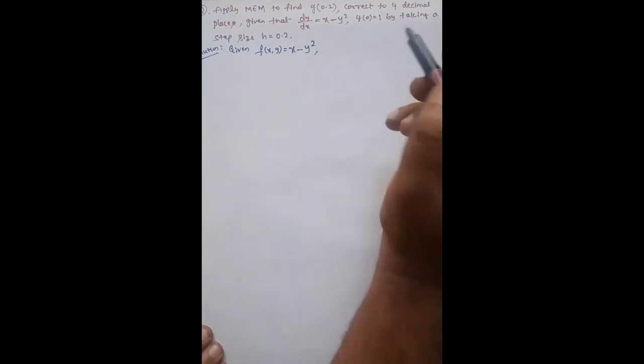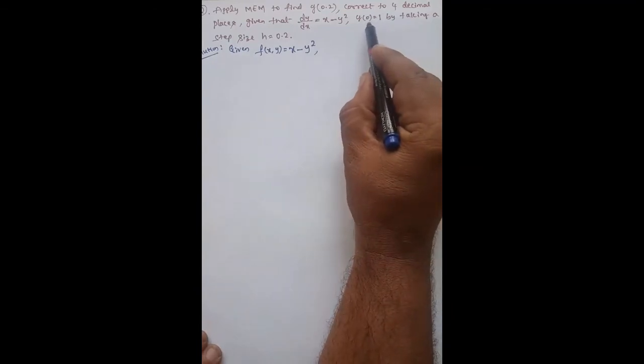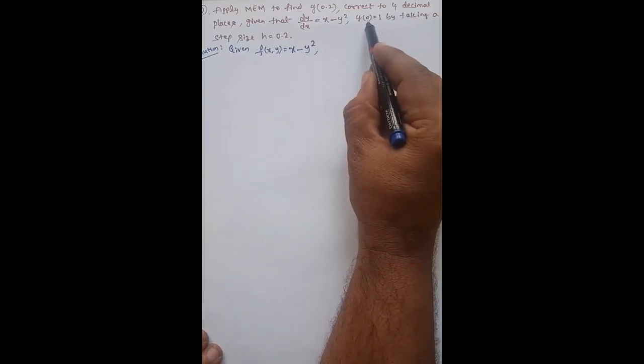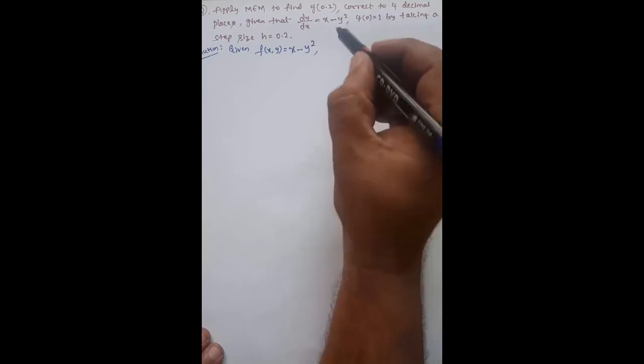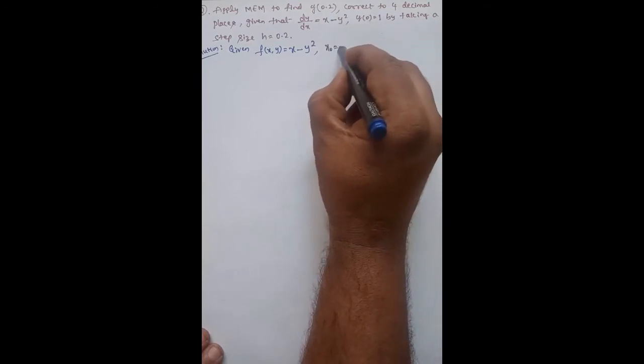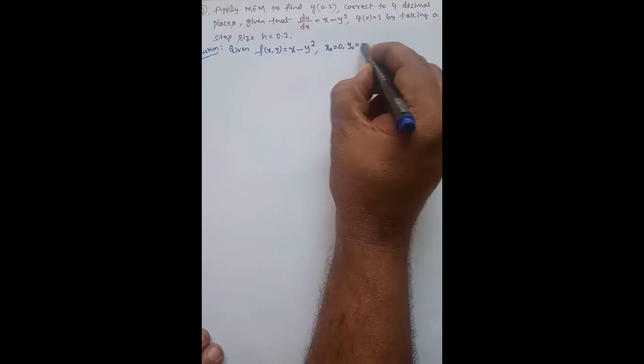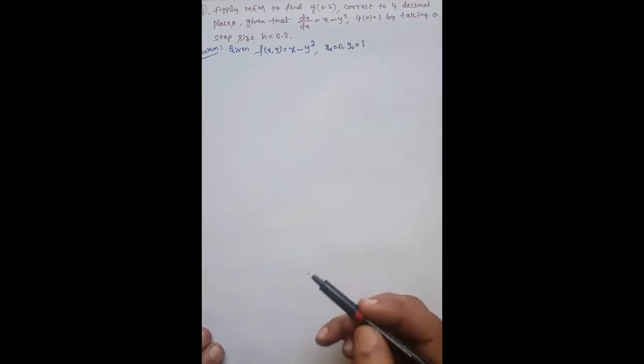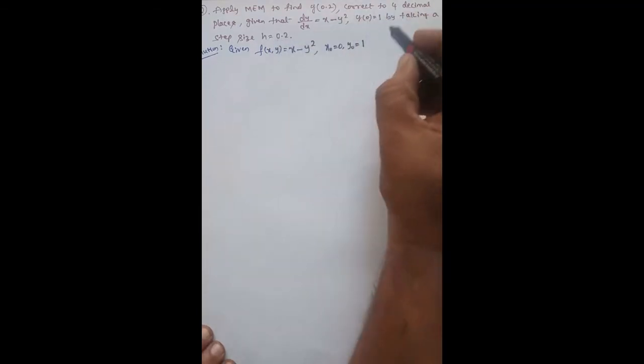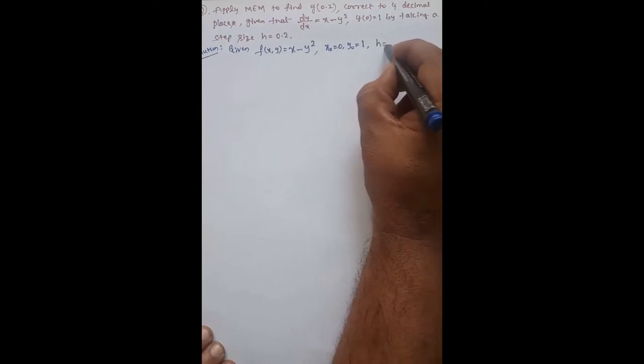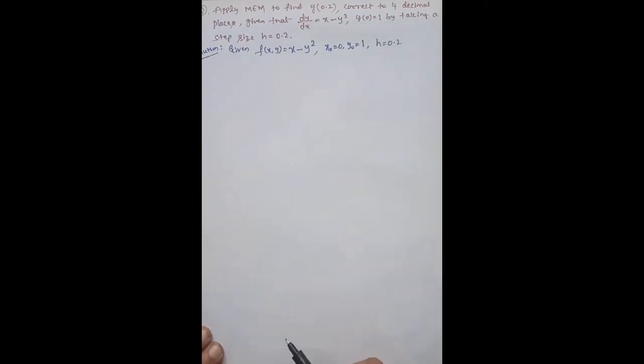The initial condition is y of 0 equals 1. So the value of x naught is 0, left hand side, whereas y naught is 1, right hand side. And in this problem the step length is given, h is 0.2.